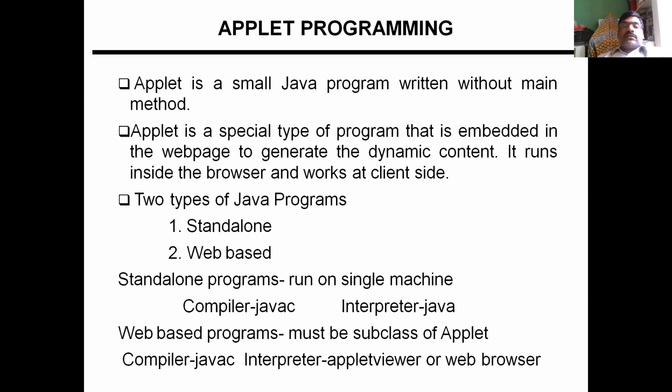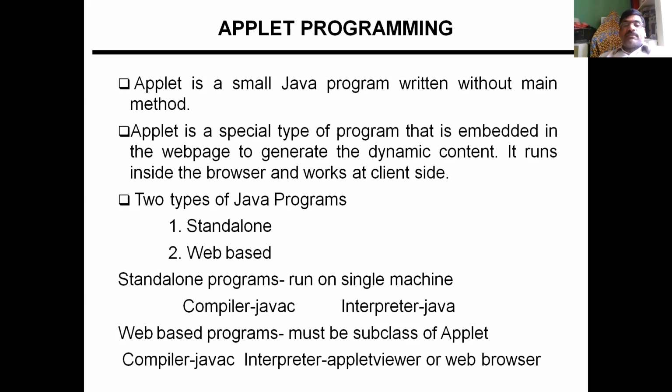Generally, in Java, we develop two different types of applications: standalone applications and web-based applications. Standalone applications are programs which are executed on a single computer. These programs are compiled using the Java compiler, javac, and executed by the Java interpreter, java.